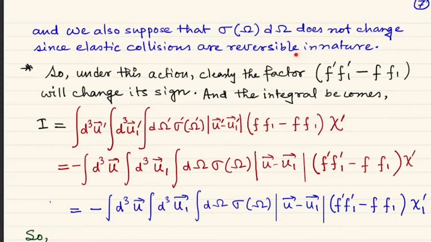So that's why the collisional cross section, this sigma omega d omega, will not change. So if I just swap between primed and unprimed coordinates, I can again write it blindly as this. All these quantities inside are just dummy variables.